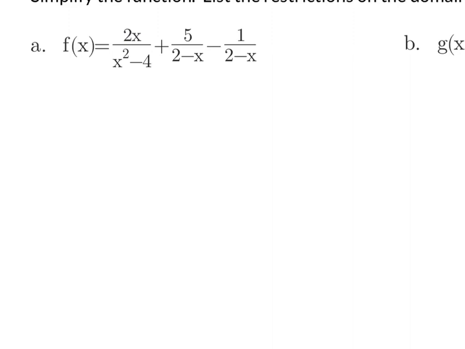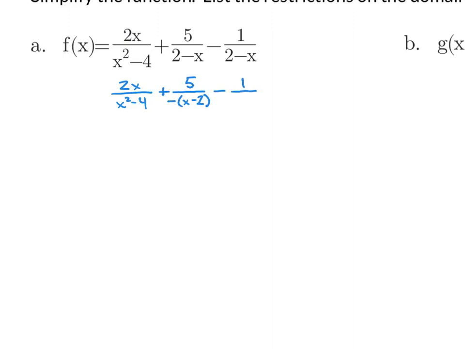The first thing that I want to do is rewrite this in descending order, and I'm going to move my negatives in front. So what is that going to look like? The first one will stay the same. I'm going to factor out a negative, and I'm going to write in descending order.